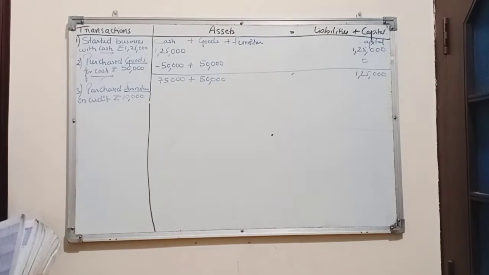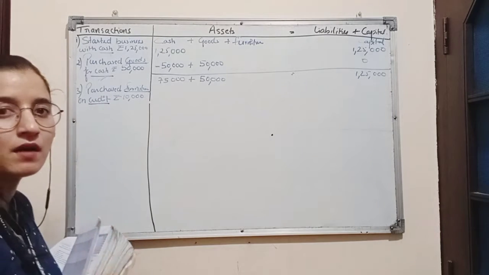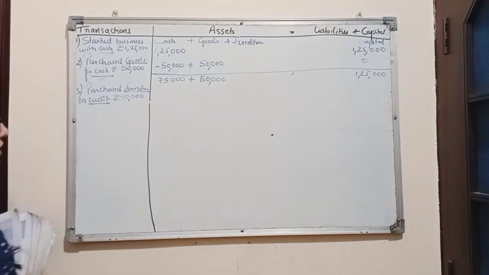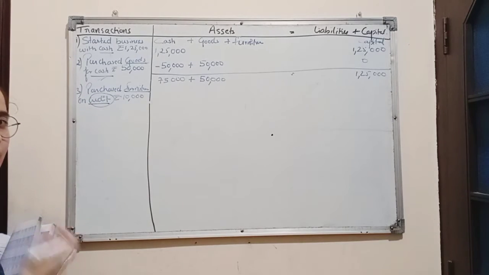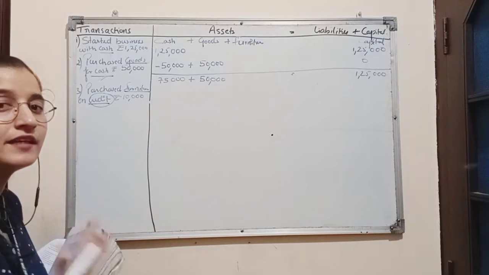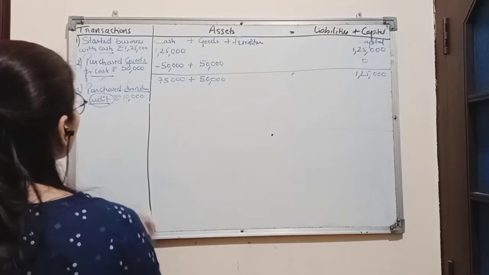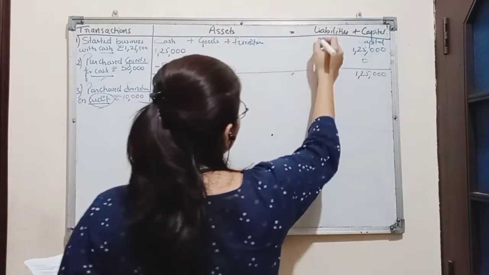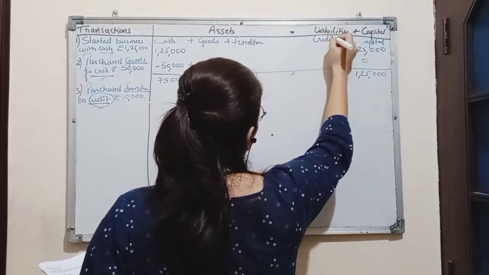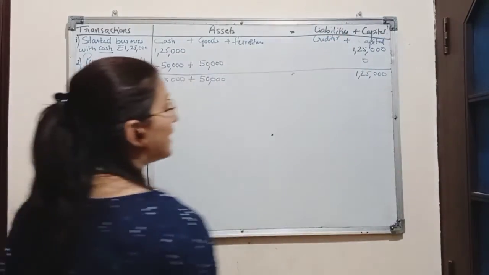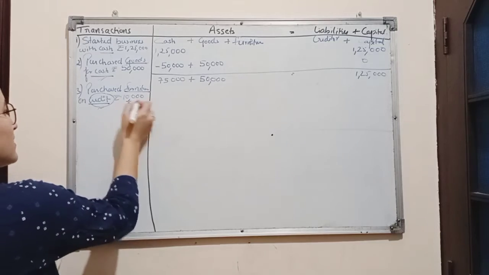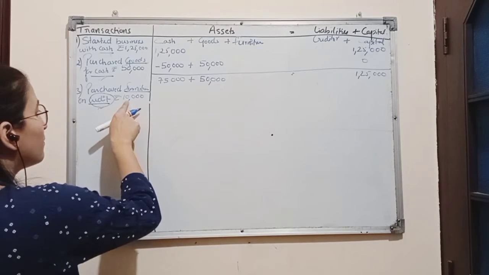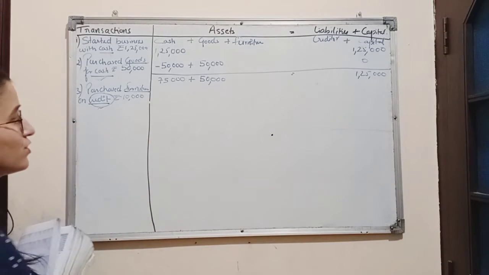This furniture has been purchased on credit. That means we have not paid the amount of furniture. So if anything is purchased on credit, we can make the payment of that asset in future. So a new column of creditor will be opened on liability side, because this amount is a liability for us. We have to pay this amount in future.